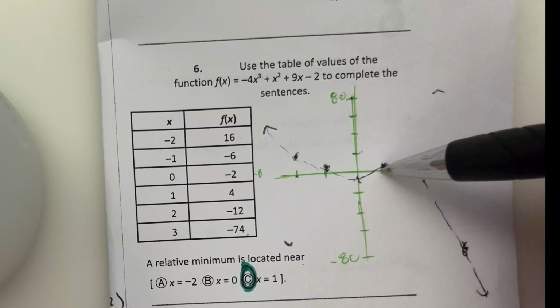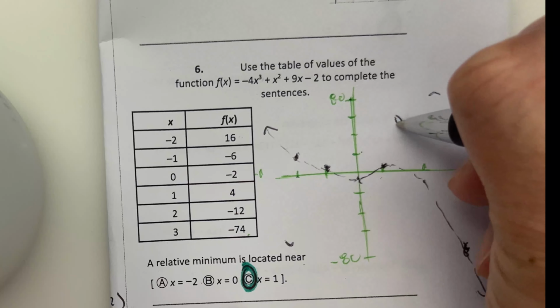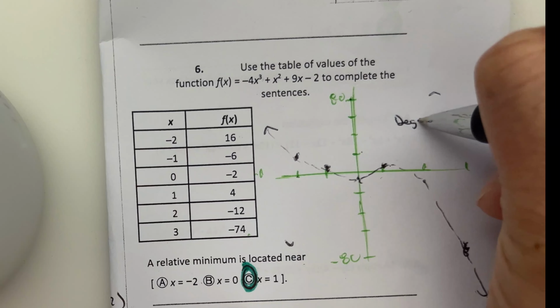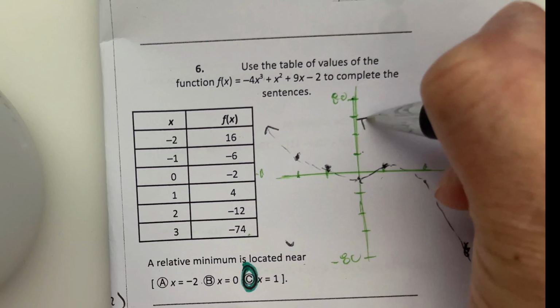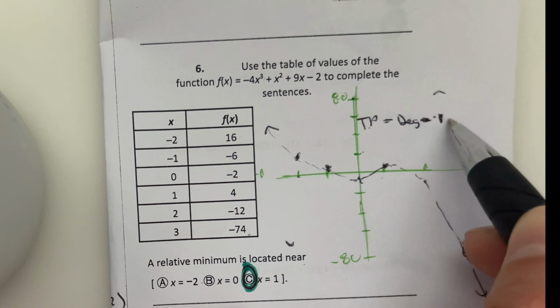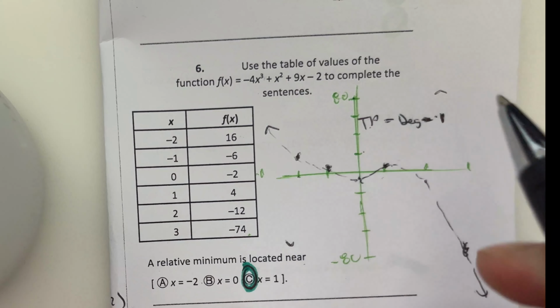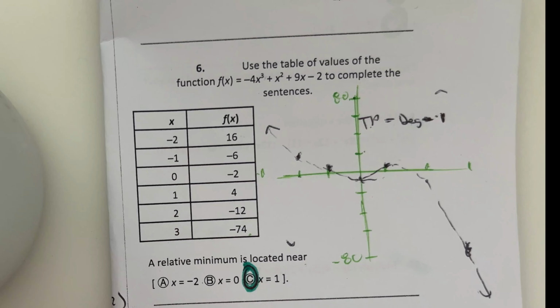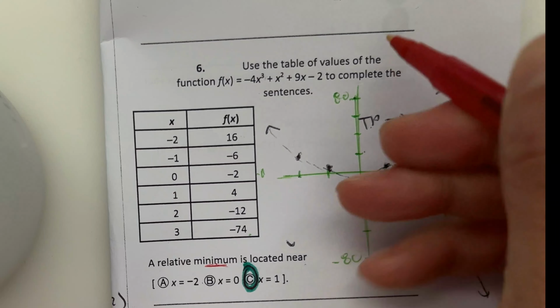I have 1, 2 turning points. So if you subtract 1 from the degree, you'll get the turning points, right? So you have 1, 2 turning points is equal to 3 minus 1. Degree is 3. Okay, so the low point, the minimum is this point.